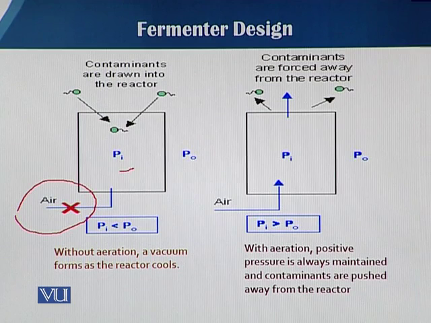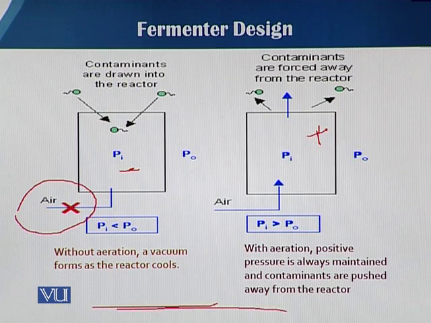Then there is a negative pressure inside, and the contaminants can be sucked in. In the other case, when the pressure inside is more than the pressure outside, that keeps those contaminants away from the fermentation vessel. So by this diagram you can easily understand the role of positive pressure inside the fermentation vessel.